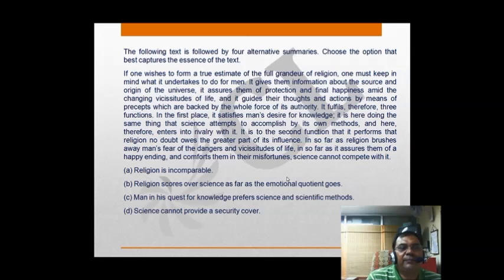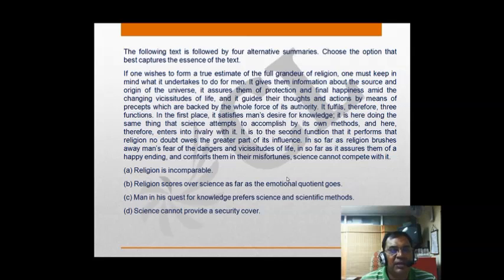Now if we have to read it. Okay, first of all, I'll explain, since people will have a problem: vicissitudes means changes in circumstances and fortunes.